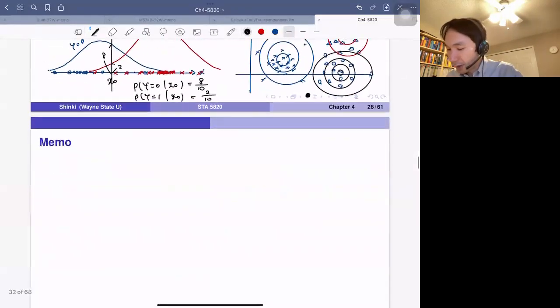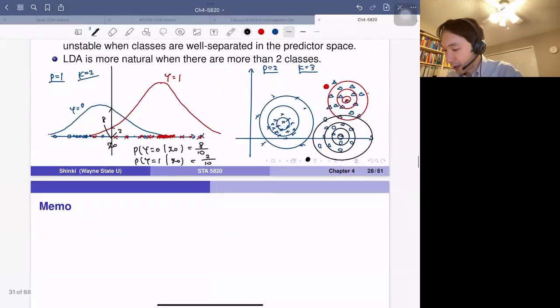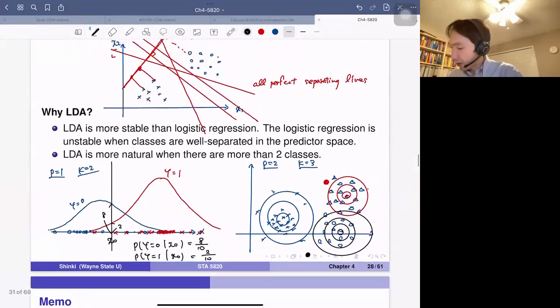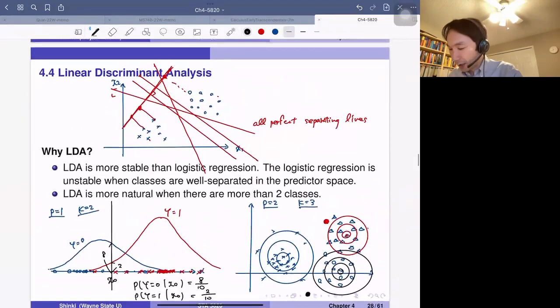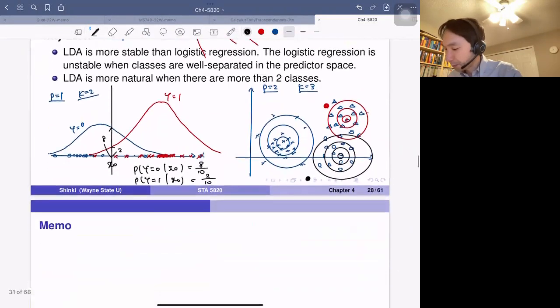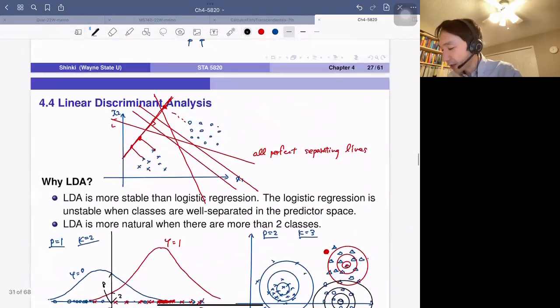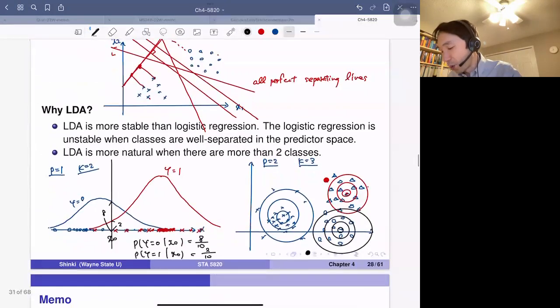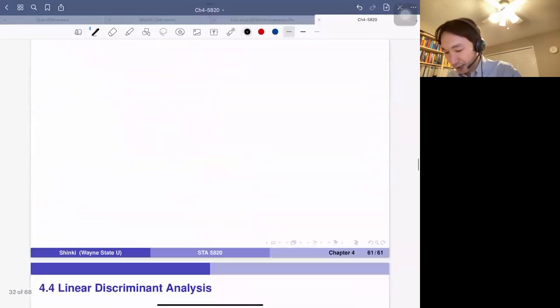So this is the idea of linear discriminant analysis. In the well separated case, it's even easier to judge. Logistic regression is contradictory in the sense that the more easily separable the cases, the more difficult to estimate. So it's a little bit contradictory.